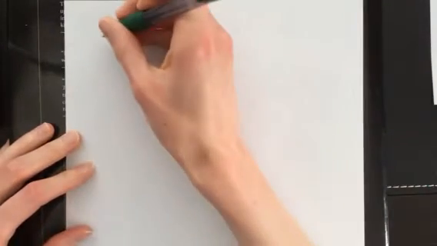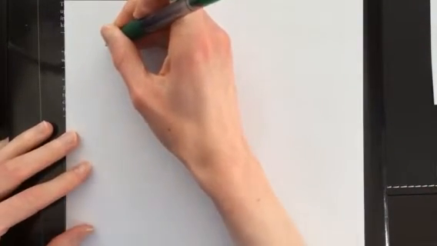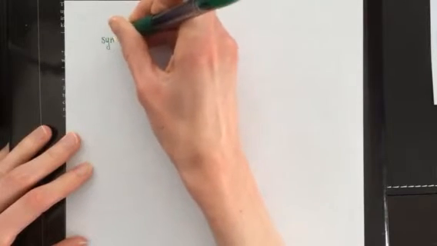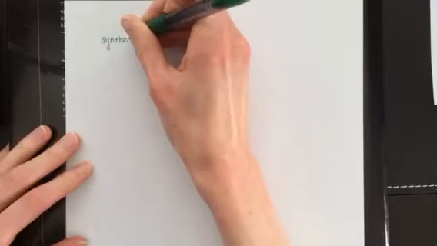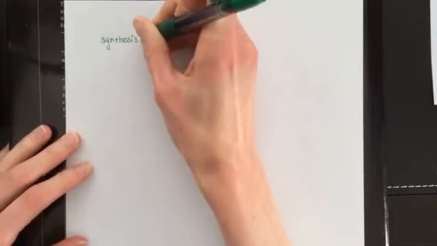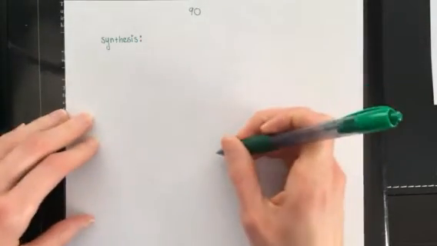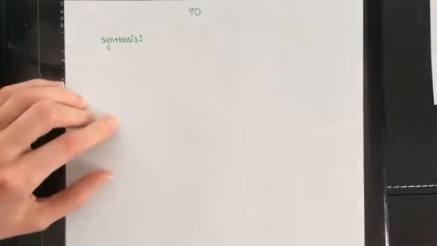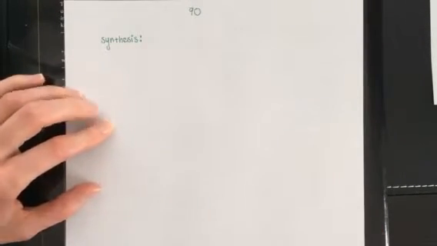So the first type that you need to know are called synthesis reactions. And the way we're going to write this out is I'm going to give you kind of like a general formula without any elements in it, and then I'll give you an example.